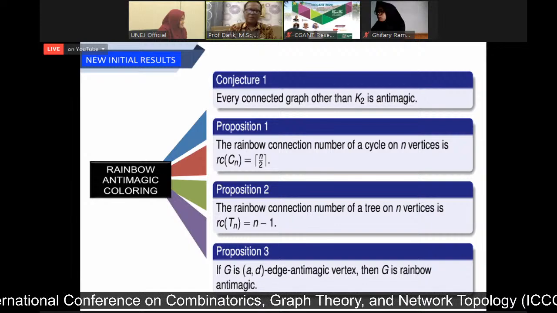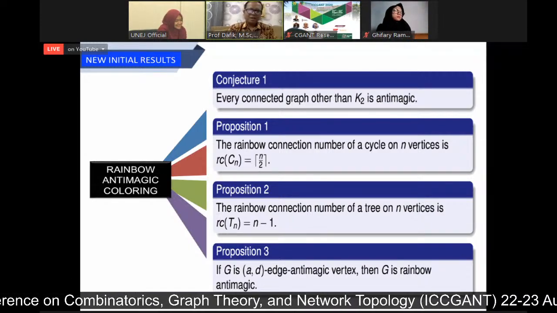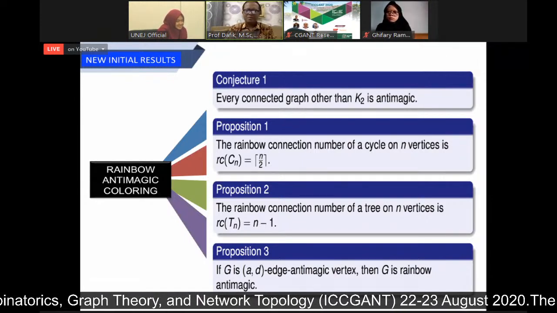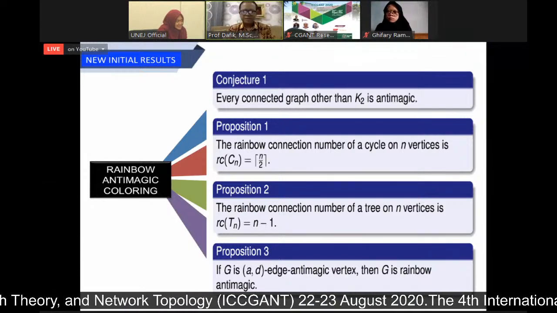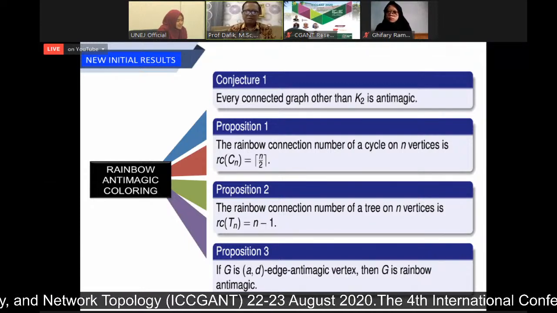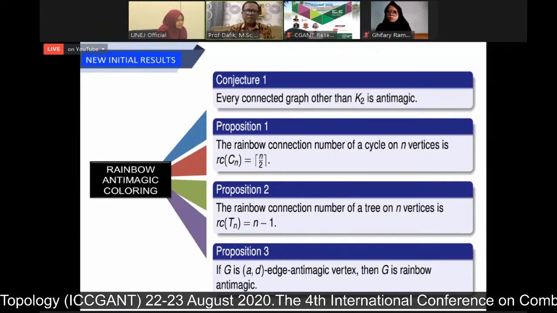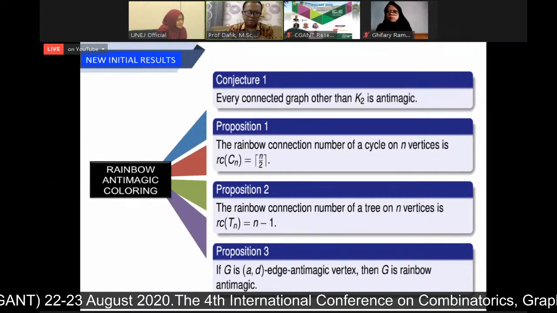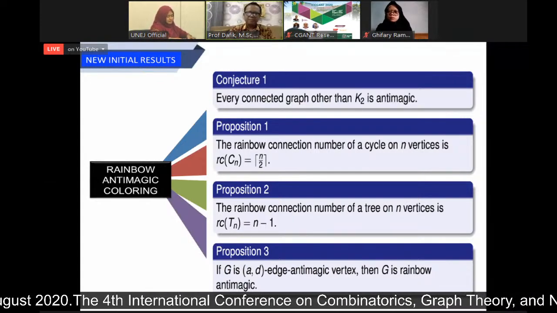Then the second one, we try to characterize the operation of graphs. For example, there are two graphs and a certain operation, for example, coronation of graphs and other operations, and we start by having a characterization for the two graphs under that operation as well.